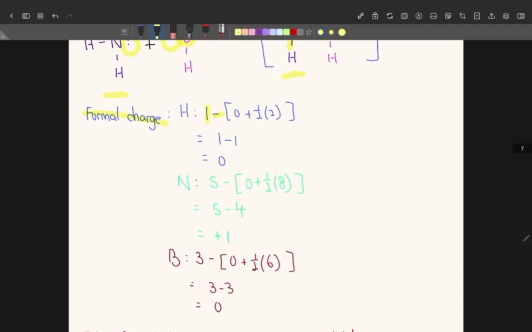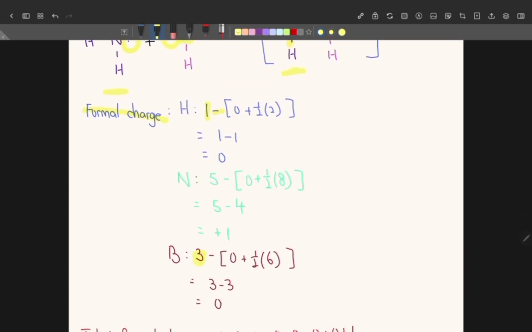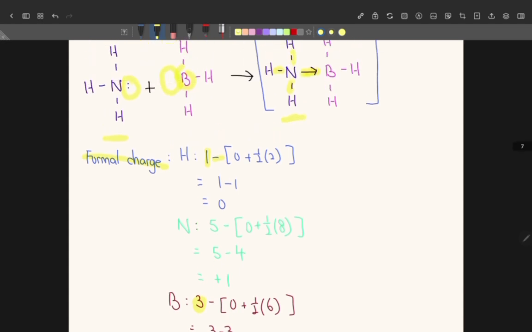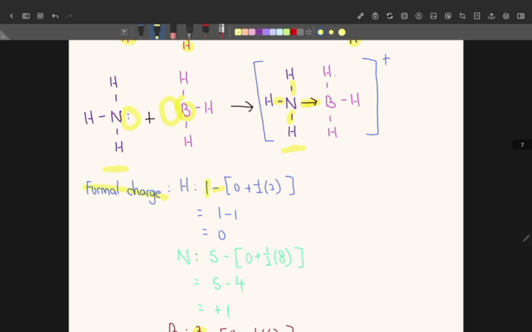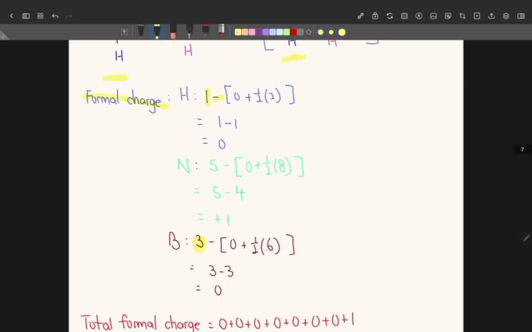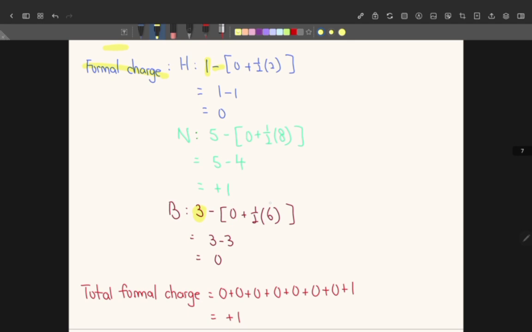For B, we have 3 valence electrons minus also no lone pair plus 1/2 of 6. This is because the bonding pair of B is just 1, 2, 3. This bonding pair is for N. It just receives; B does not form this bond, so it just forms 3 bonds with 3 H. So the bonding pair electrons is 6.